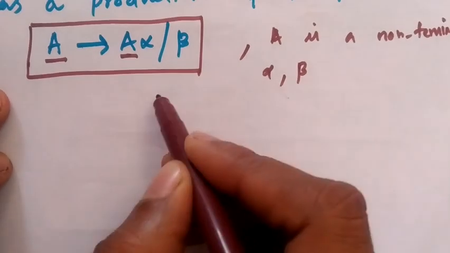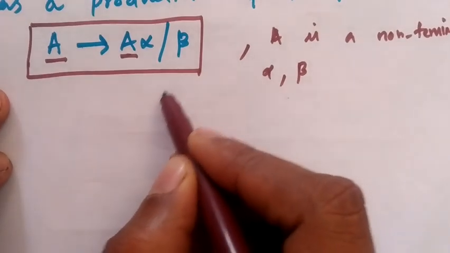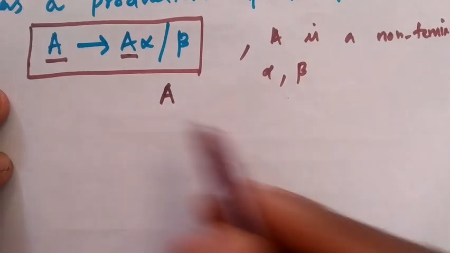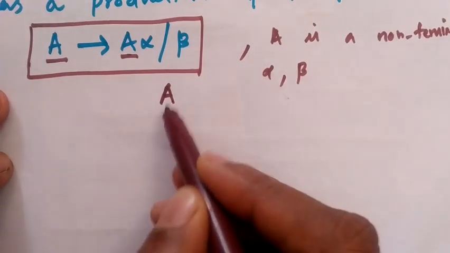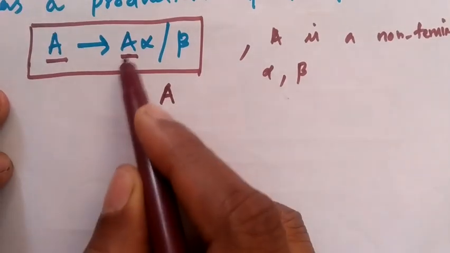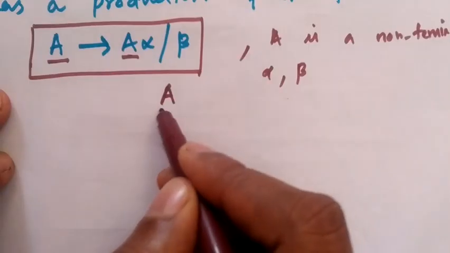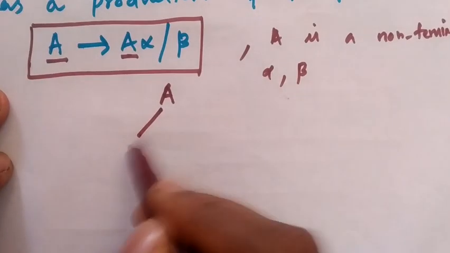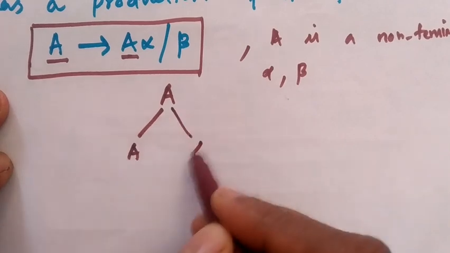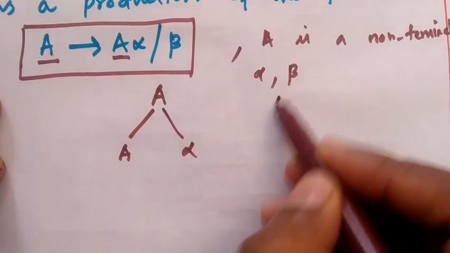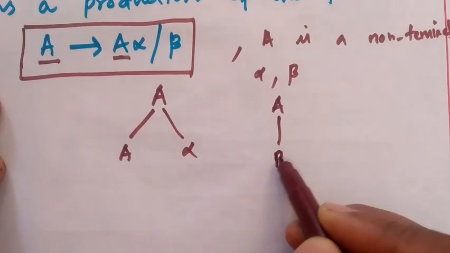Suppose I am going to construct a parse tree where its root is A. Then I have two choices. One is I can replace A by A alpha, or I can replace A by beta.